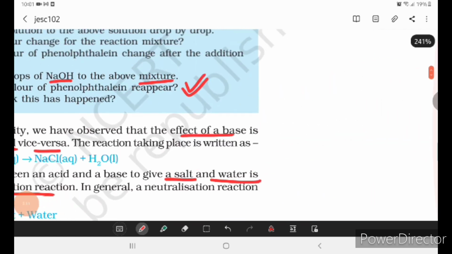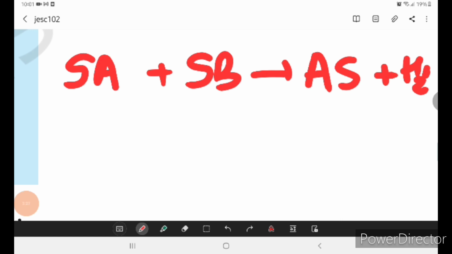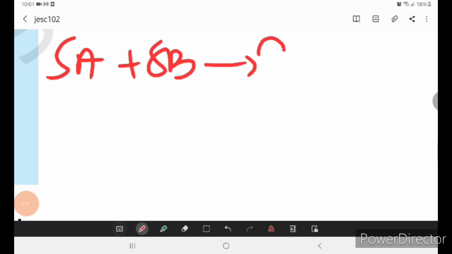I'll tell you something. When a strong acid and a strong base react, it gives us a neutral salt plus H2O.